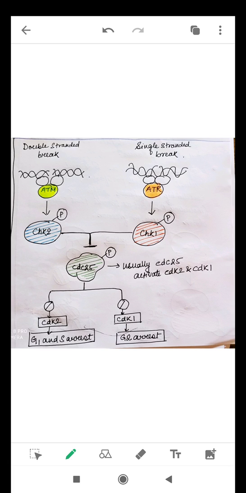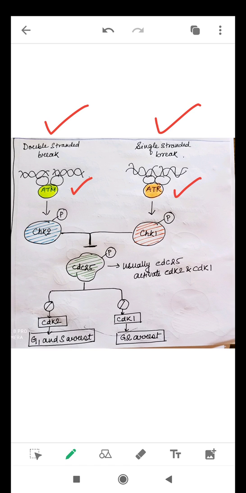Next, we will move on to the other damages which can be caused to the DNA. You get to see double-stranded break and single-stranded break. Both will activate ATM and ATR.